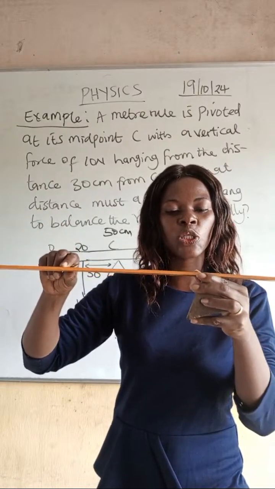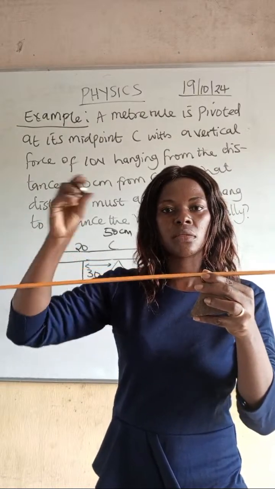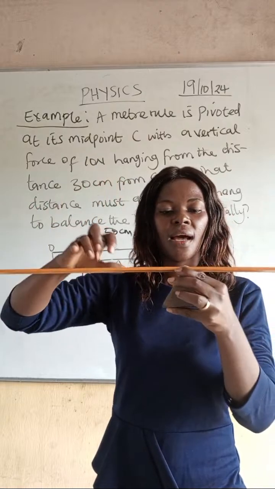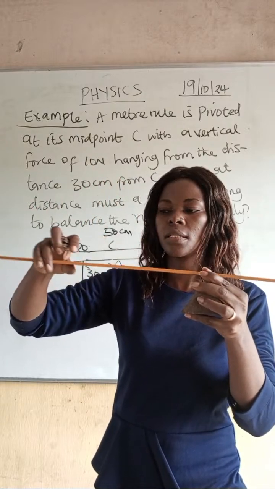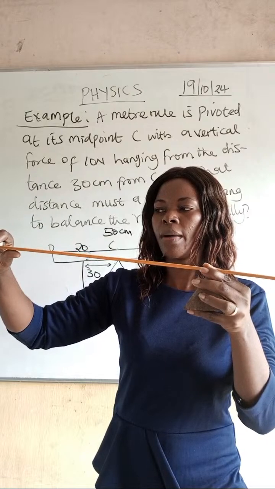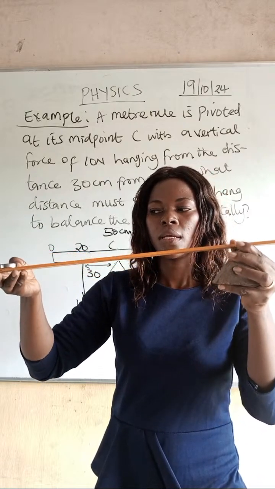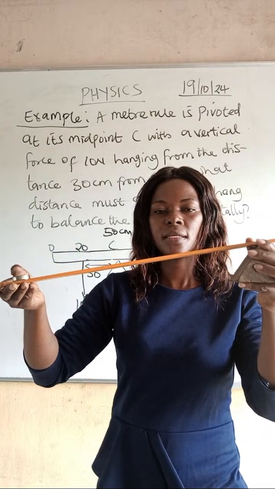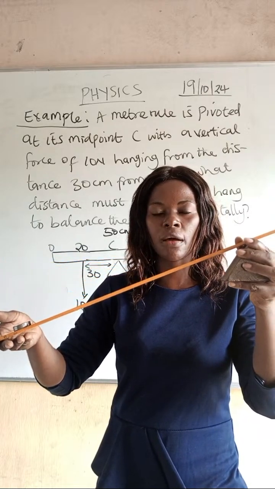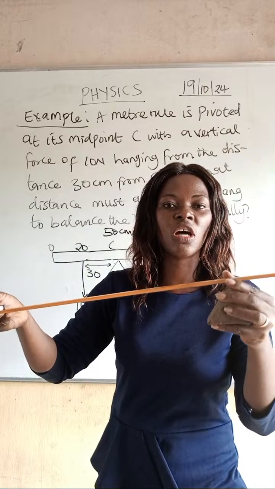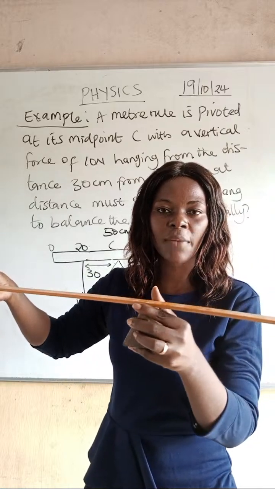But as soon as I put a weight on this, it will start bending. It's going down, it's pulling it down, because it is not balanced. Nothing was kept on the other side.